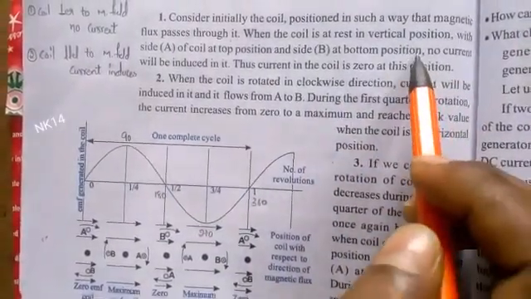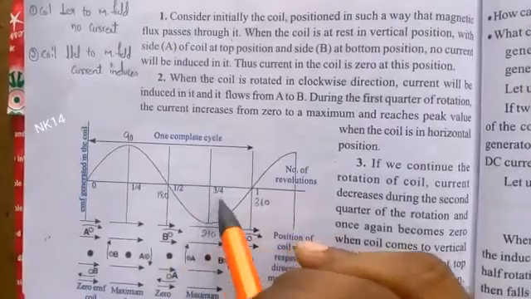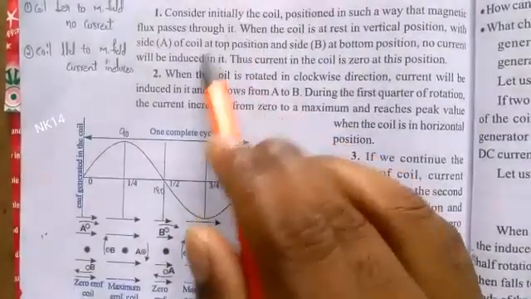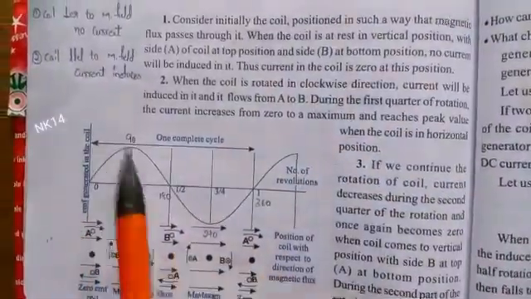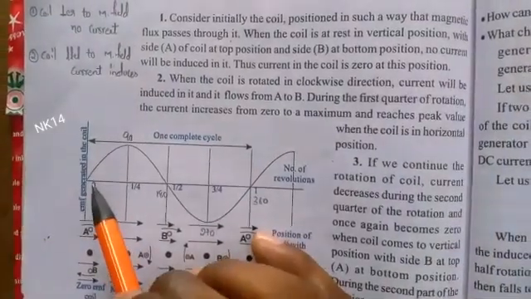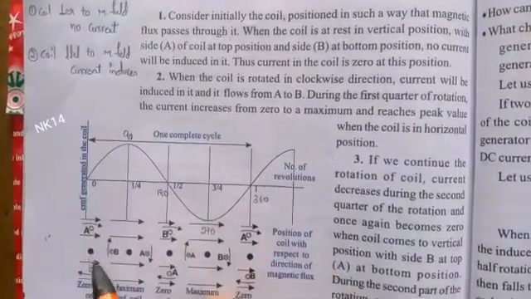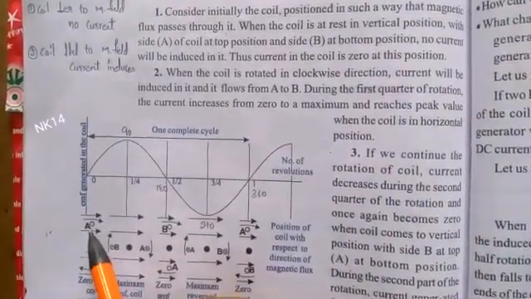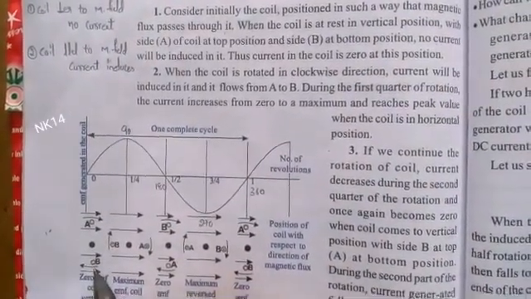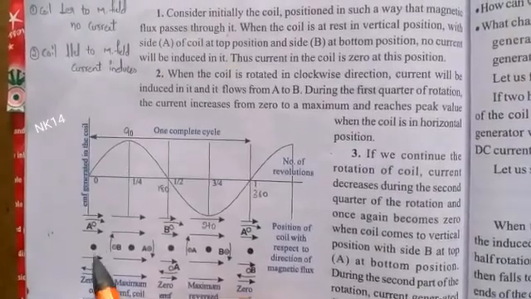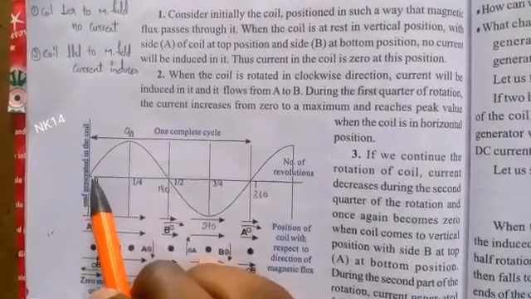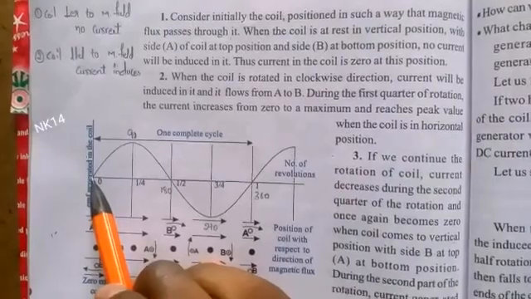For this, they have taken a graph for easy understanding. If the coil is placed perpendicular to the magnetic field, A will be on the top and B at the bottom. In this case there will be no induced current, so the current will be zero in this position.